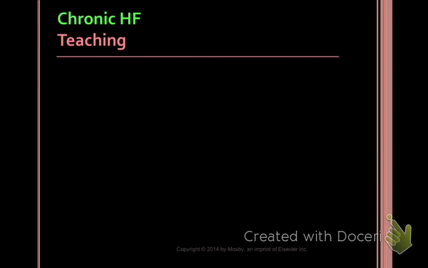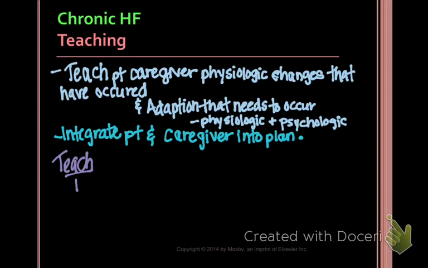Again, teach, right? Teach the patient and caregiver physiologic changes that have occurred. What's happened to the heart. The heart is not working as well. So you got to teach them and the adaptation that needs to occur. Not only physiologic, but psychologic. Sometimes people have to change their way of thinking. Integrate patient and caregiver into the plan.